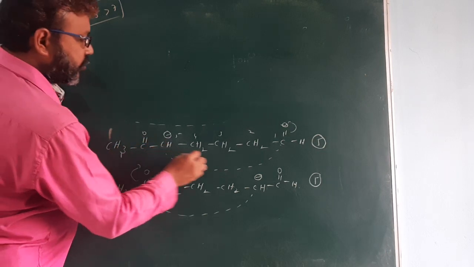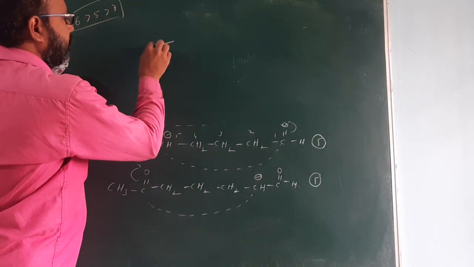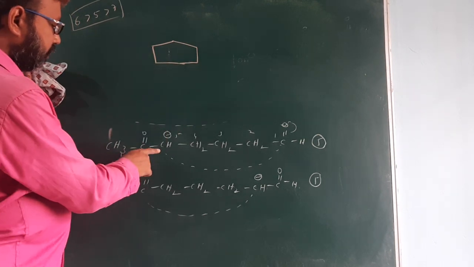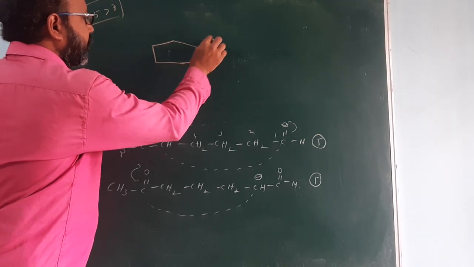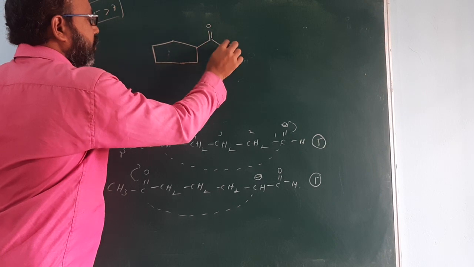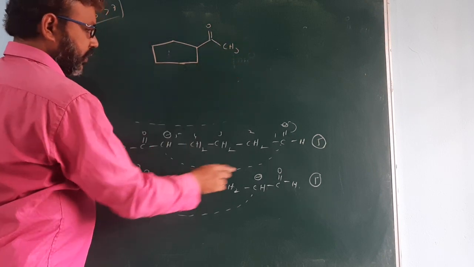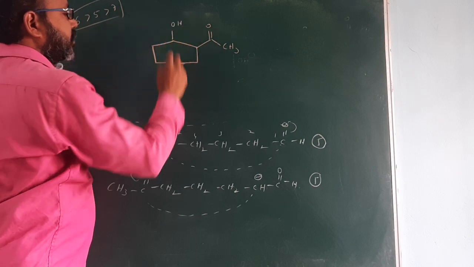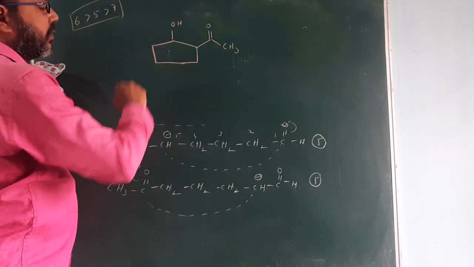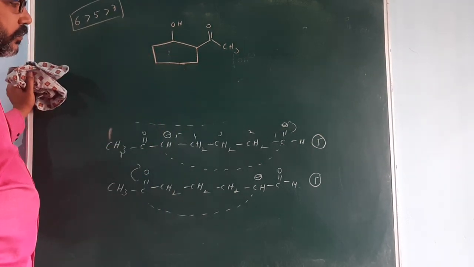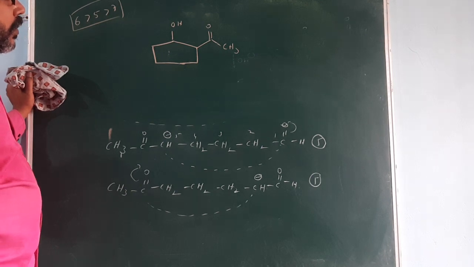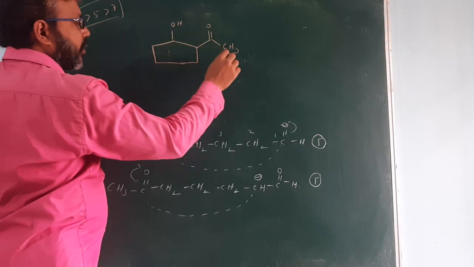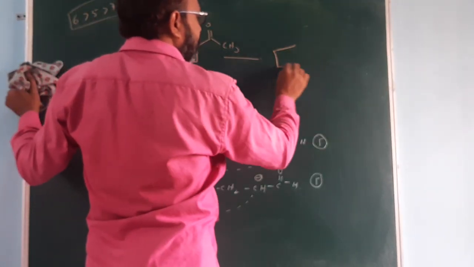When this CH2 attacks on this carbon, C double bond O CH3, you get a 5-membered ring. It attacks here, giving OH. On heating, with loss of a water molecule, we get the alpha beta unsaturated carbonyl compound.